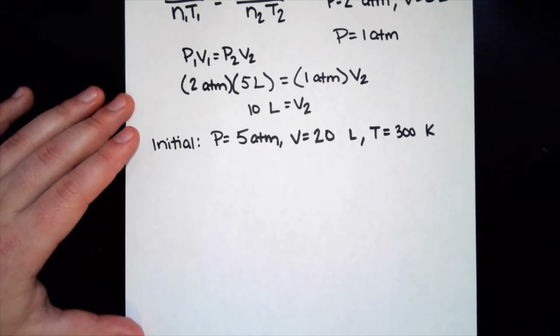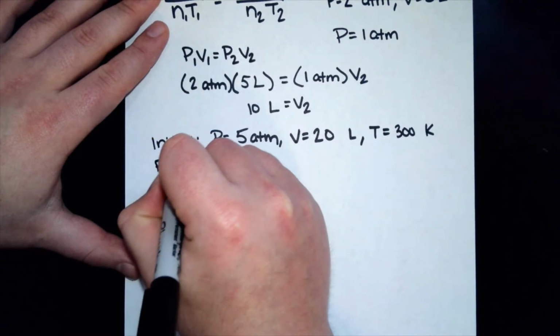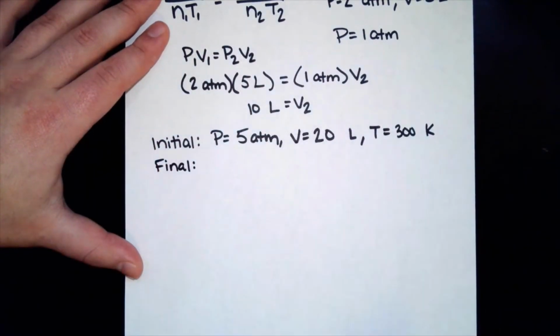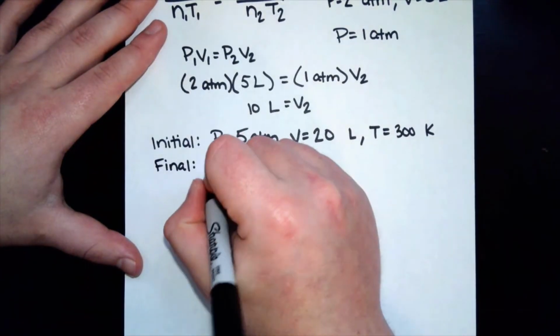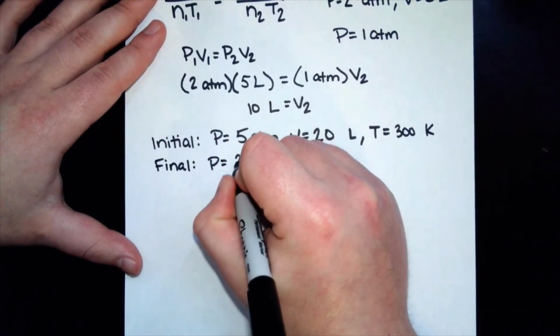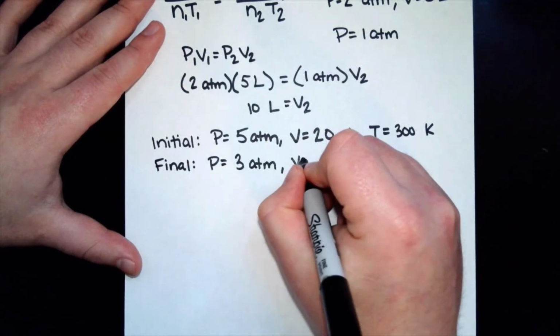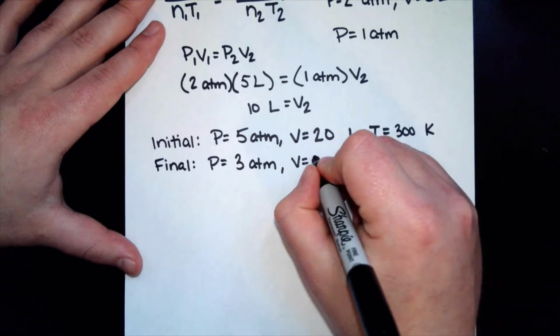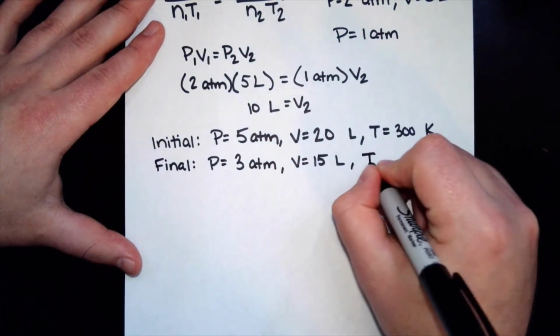These are the conditions that our gas starts with. Let's say our final conditions are that the pressure goes to 3 atmospheres and the volume goes to 15 liters. What is the new temperature?